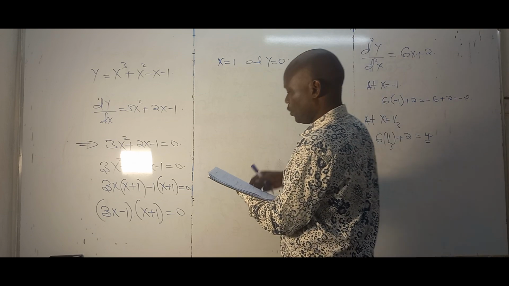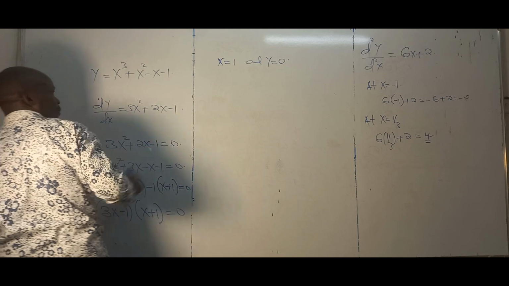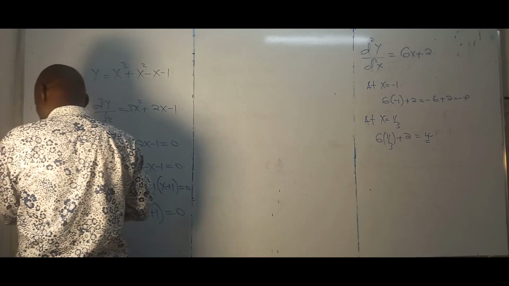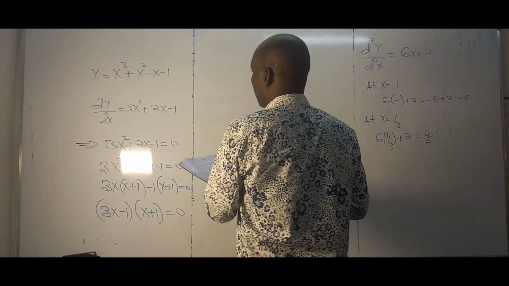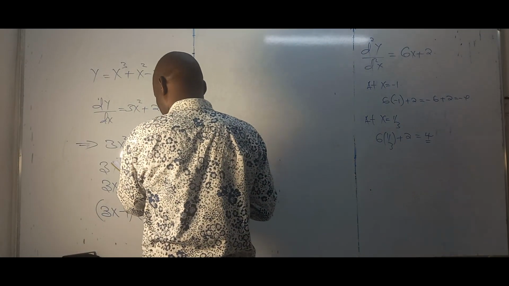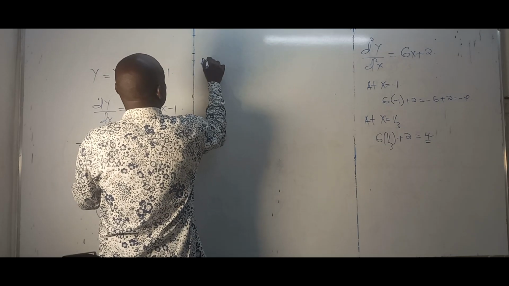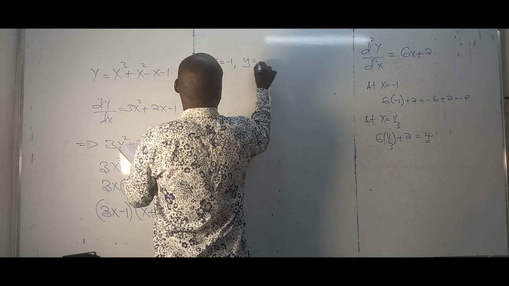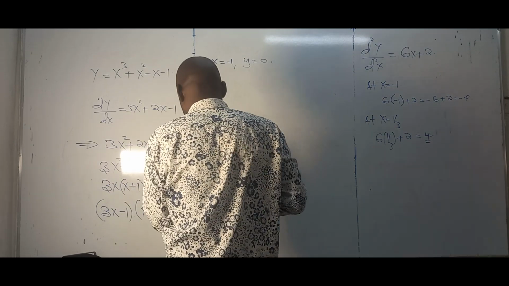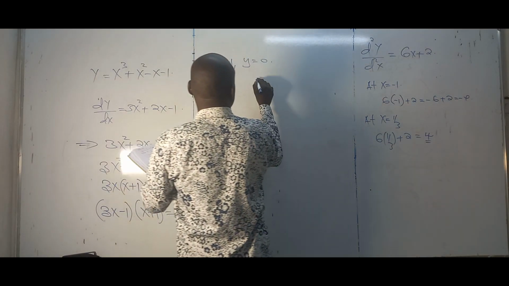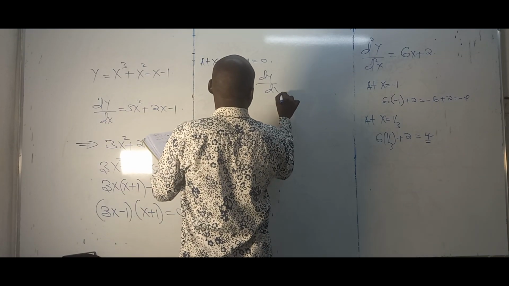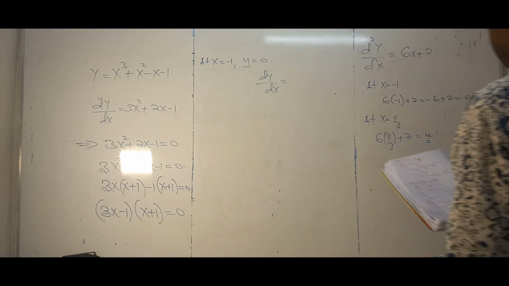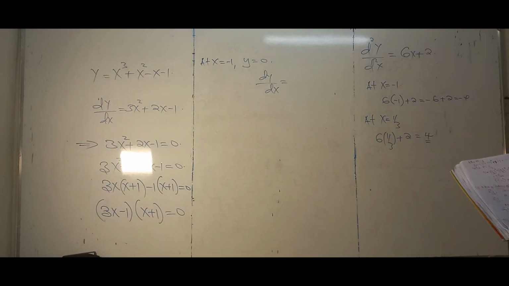So we change approach and say that at the point where we had x is equal to -1, we had y to be 0, and dy/dx at that particular point we had it to be what?